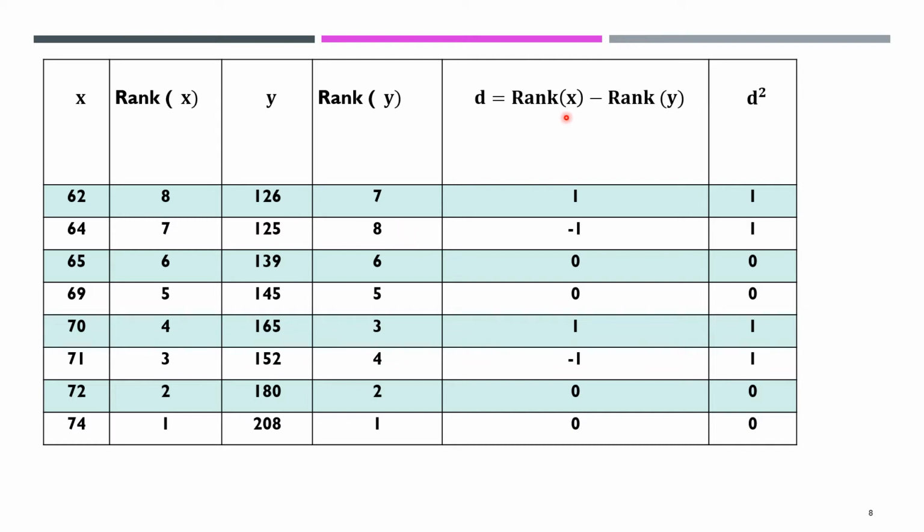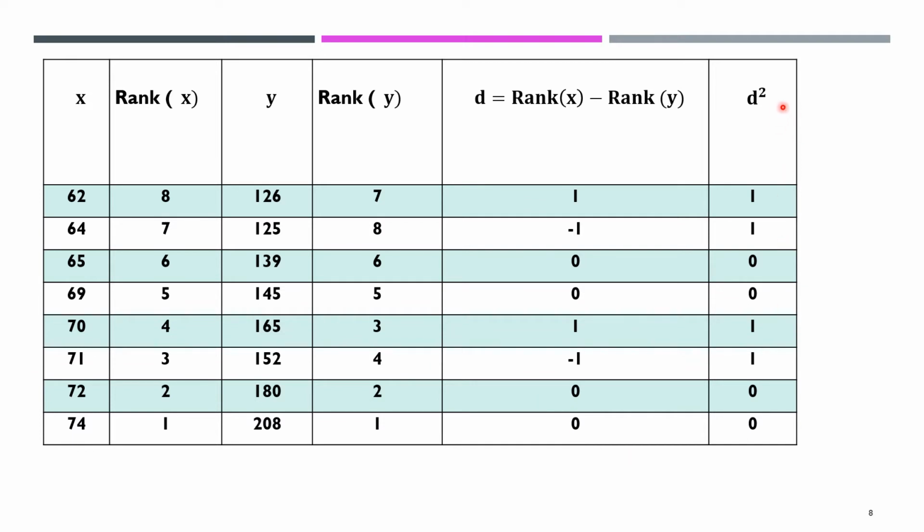Now calculating rank of X minus rank of Y, the D column. So 8 minus 7 is 1, 7 minus 8 is minus 1, 6 minus 6 is 0, 5 minus 5 is 0, 4 minus 3 is 1, 3 minus 4 is minus 1, 2 minus 2 is 0, and 1 minus 1 is 0. We have calculated the D column.